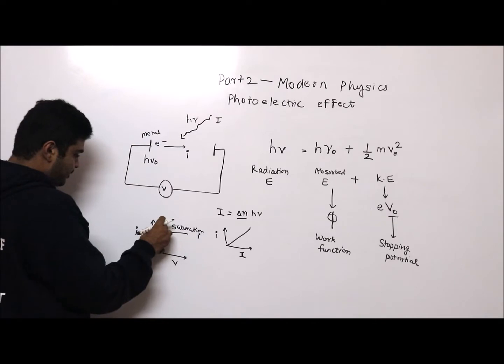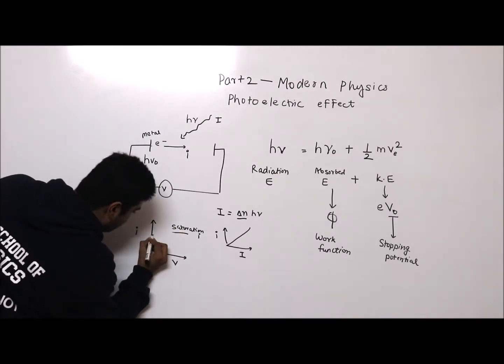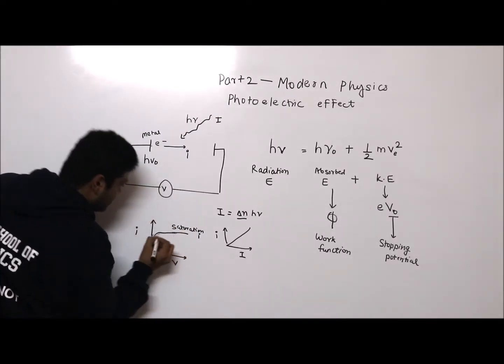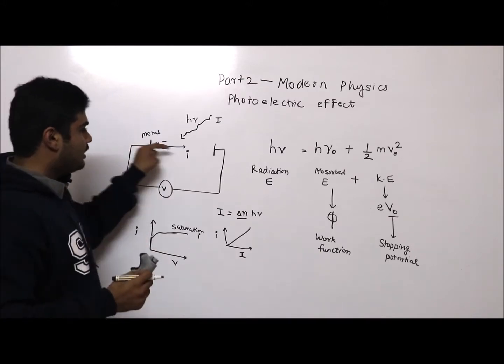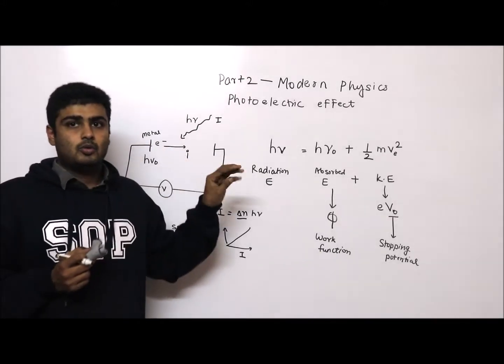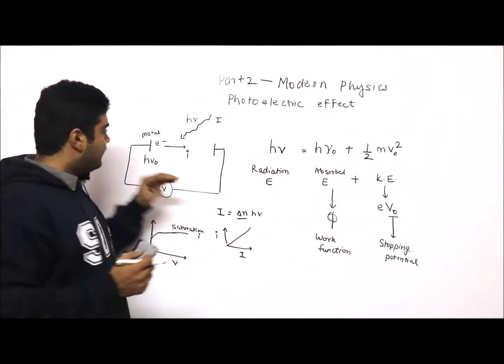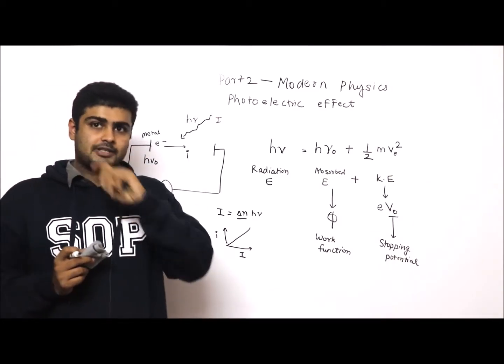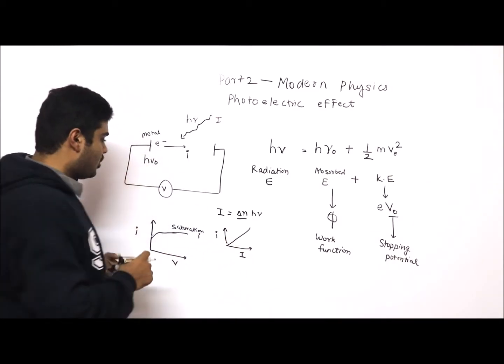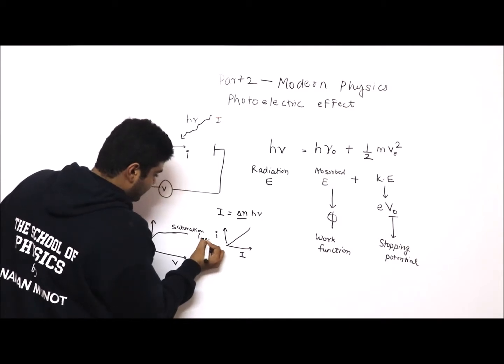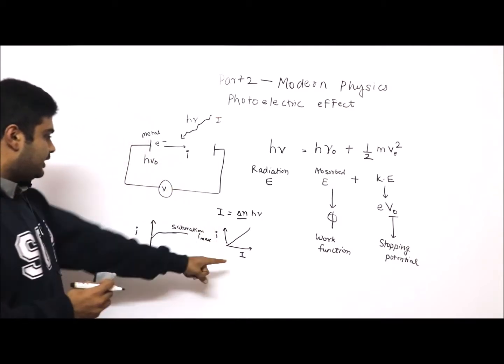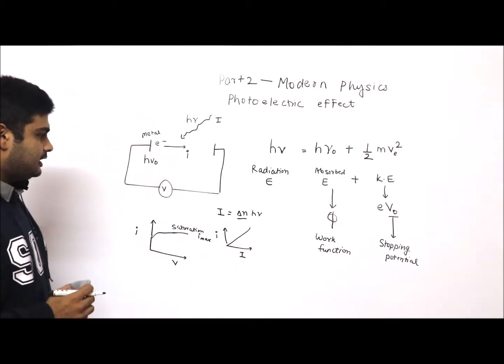Let me draw it more properly. When we increase the voltage, the photoelectric current increases, but only to a point where I becomes I max, and this I max is called the saturation current. Okay, so with intensity we have seen, with voltage we have seen.